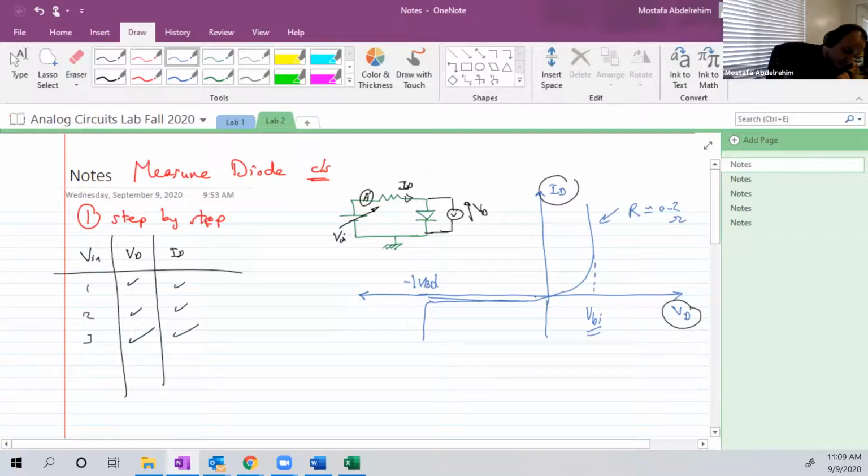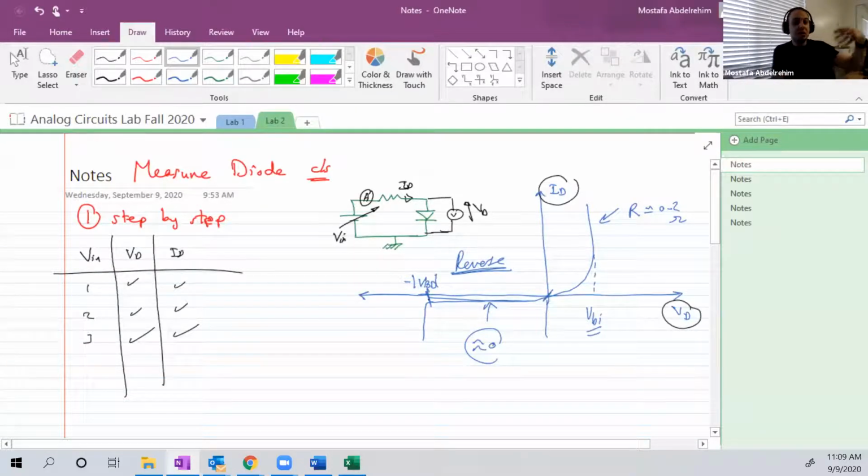And here, the current was approximately 0. Let's start with this because this is easy. This is reverse bias, and the current is 0 between this point and this point, before the breakdown.